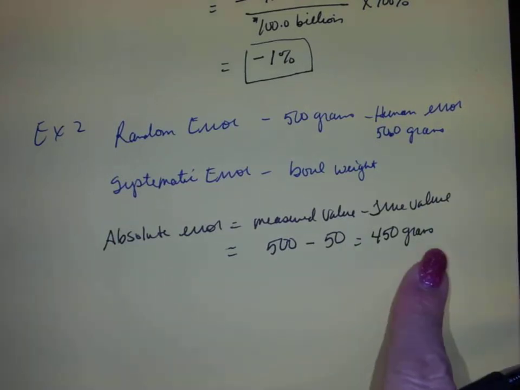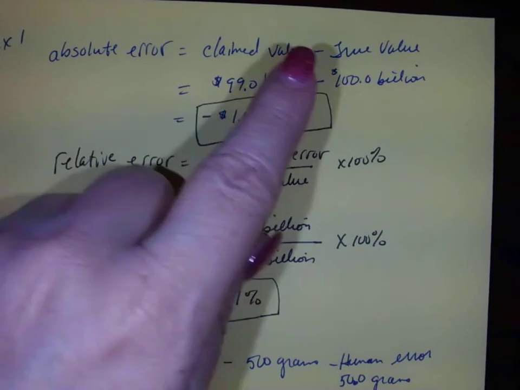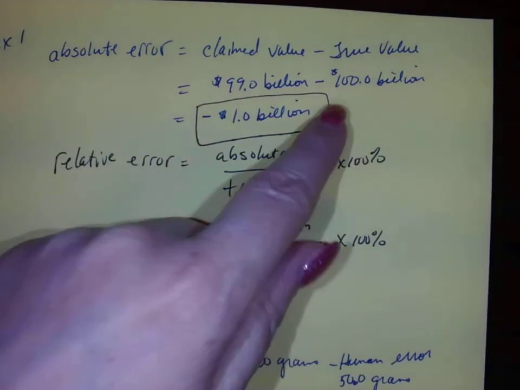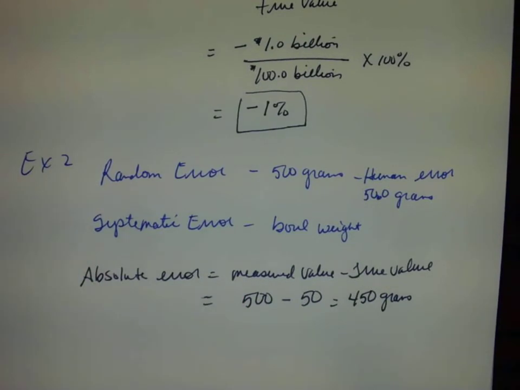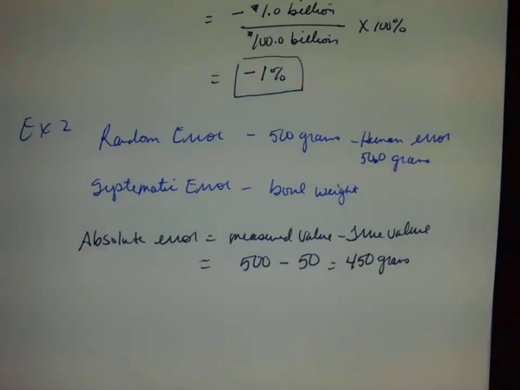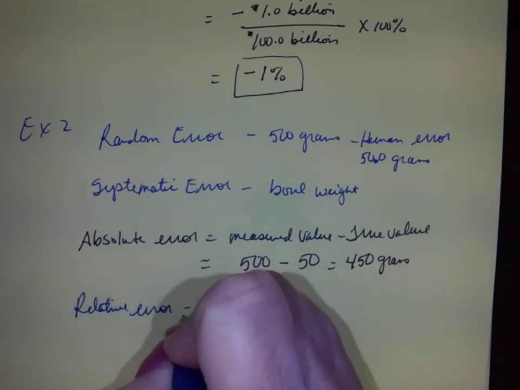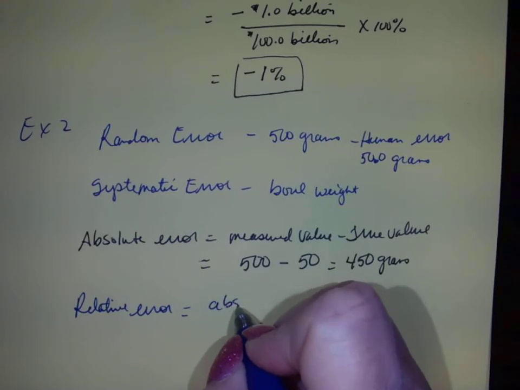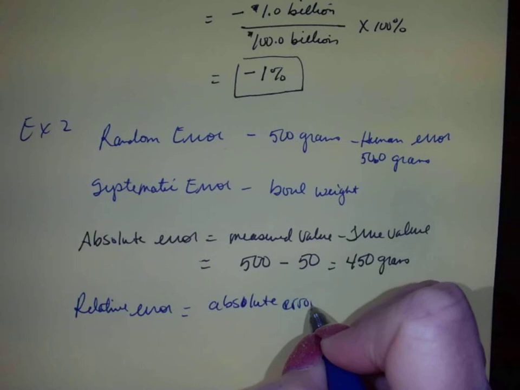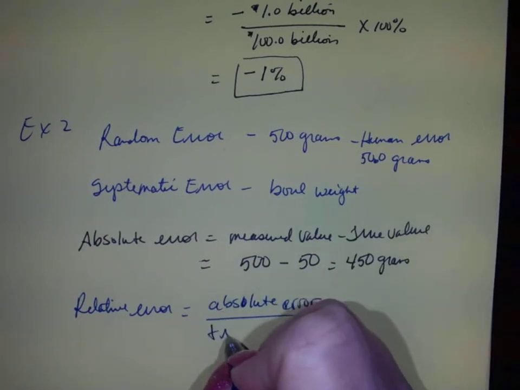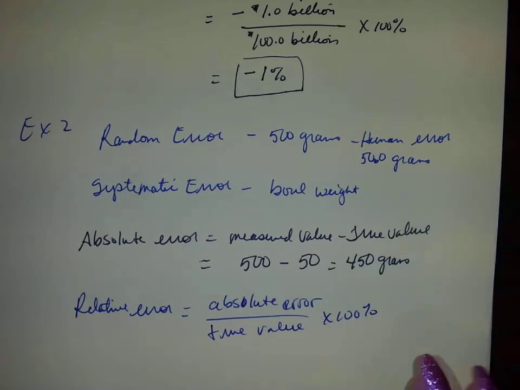Now this one is not negative. The last one was negative because the measured value or claimed value was not bigger than the true value. But this one, our measured value, was bigger than the true value, and that's why that's positive. All right, so let's go find our relative error. So again, our relative error is going to be the absolute error divided by the true value, and then times 100%.